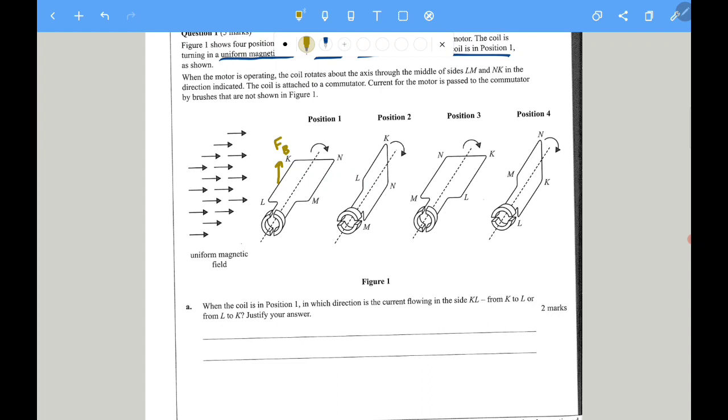So if we use our right-hand palm rule, we can then find the direction of the current.